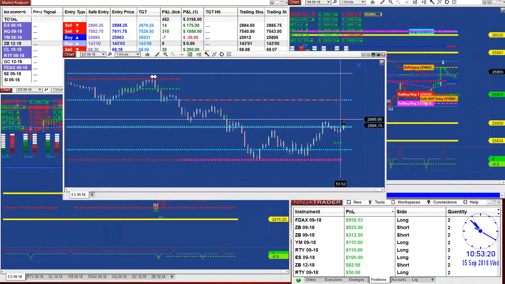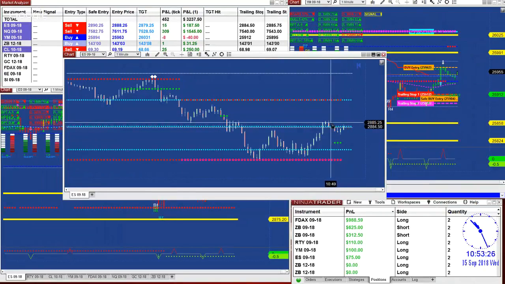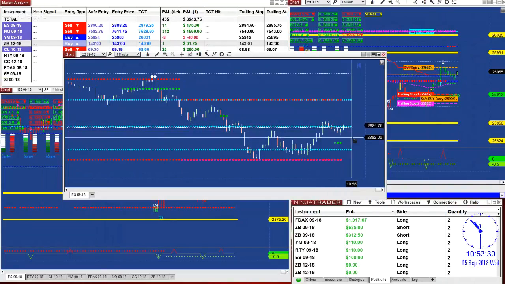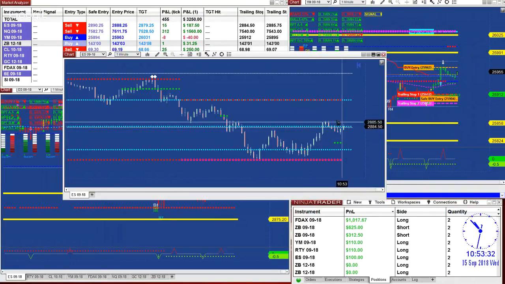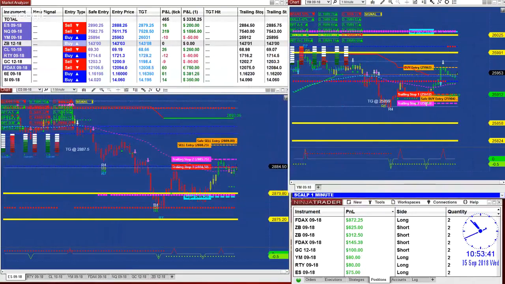But this area right now, I would not mess with those areas. There is a very high probability of losing in this area here, so I would not want to mess with it.